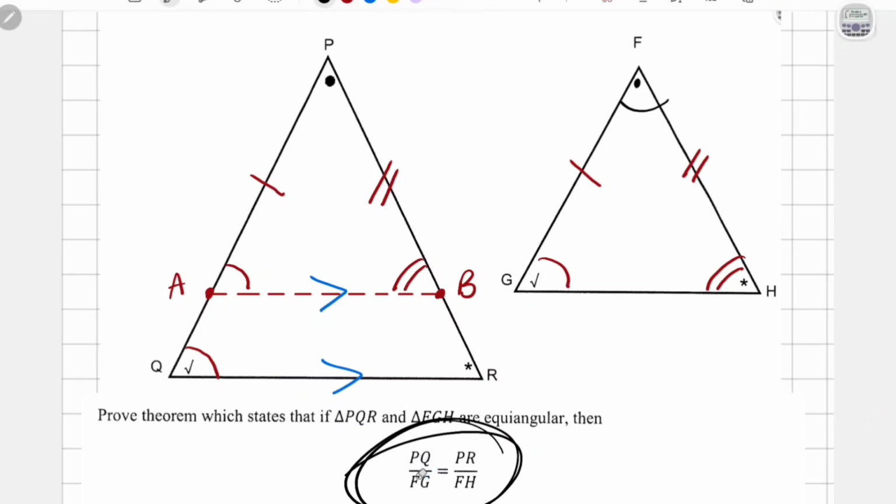They specifically said we have to prove PQ over FG. Now I have to take the side in triangle PAB that is equal to FG, which is the side PA. So when using the proportionality theorem here, I'm going to say that PQ over PA is equal to PR over PB.